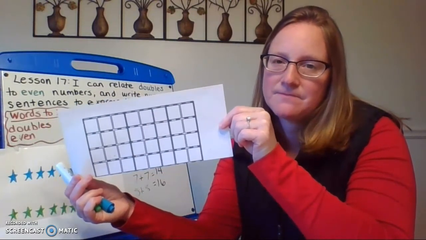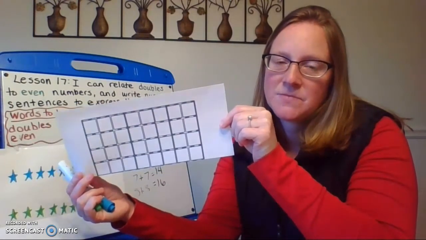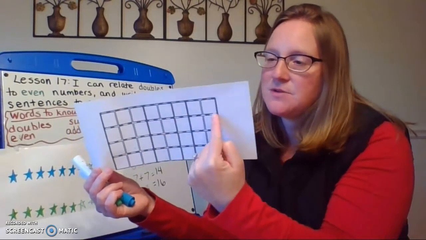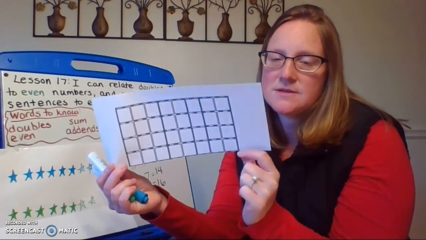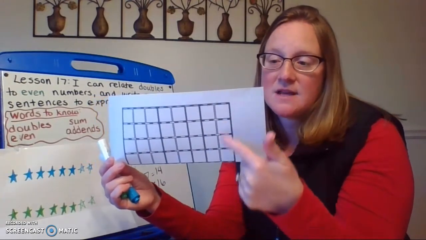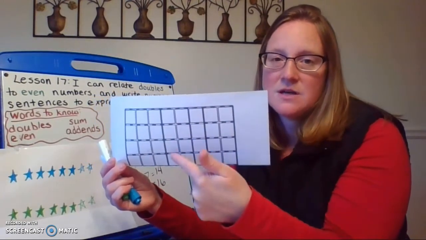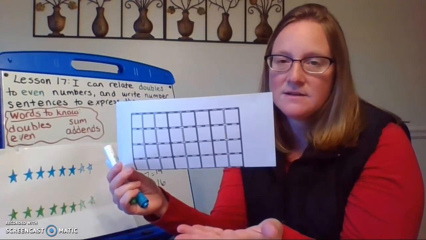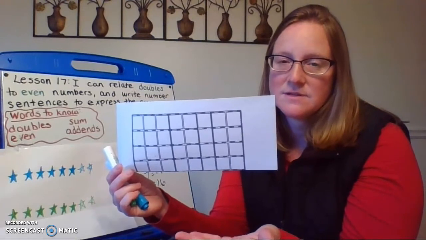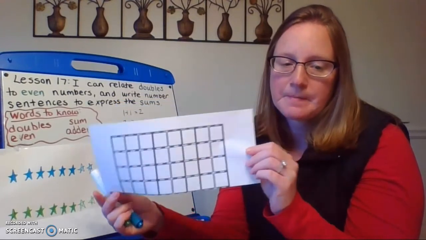How can you tell? Yeah, there's the same number in each row. So all my squares are the same. And I also have the same amount in each column. I can just quickly tell that they are even amounts in each row and equal.